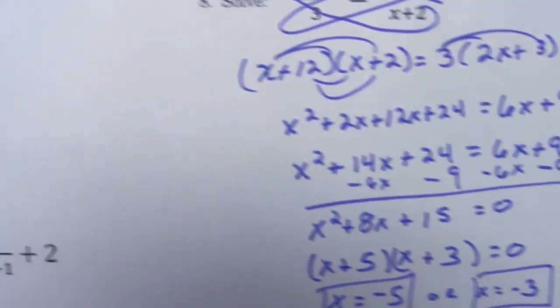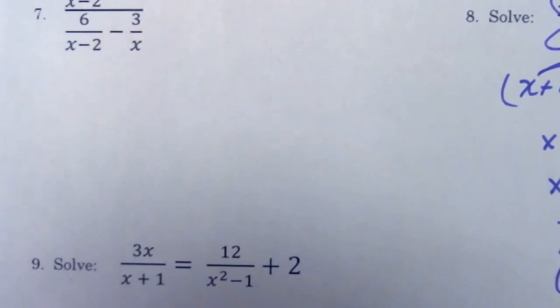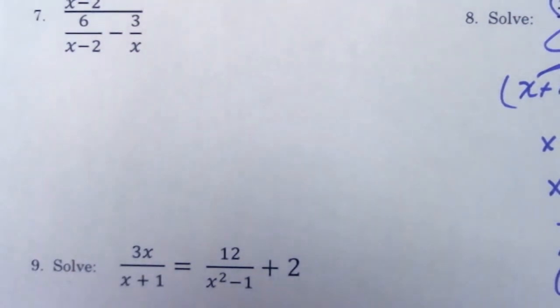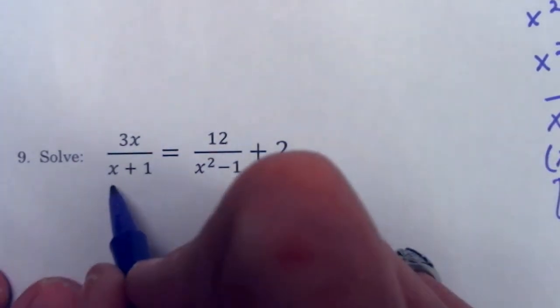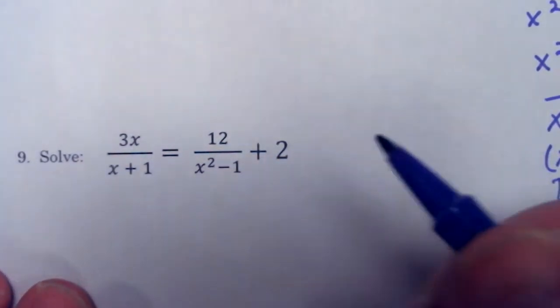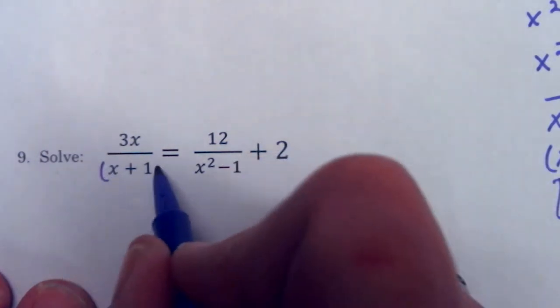All right, number 9. Okay, there's two different ways to do this. I'm going to go ahead and do it by multiplying through by the least common multiple. Actually, least common denominator, we have x plus 1.